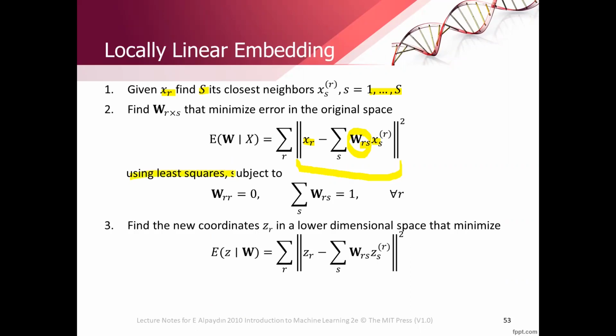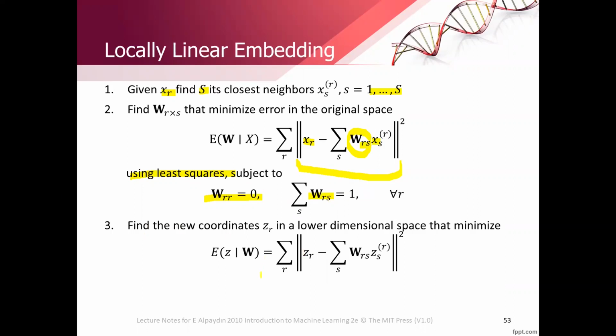For computing such weights, we can use least squares or some other methods. So we require that on the diagonal there should be zeros, and the sum of the weights should be 1.